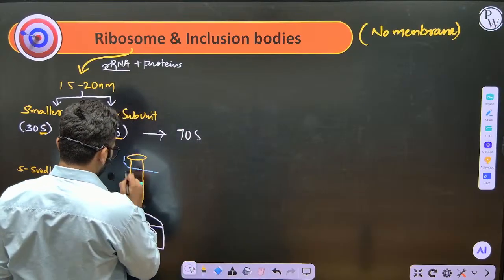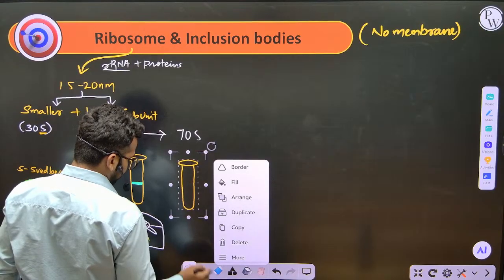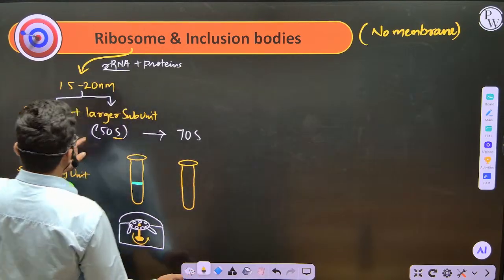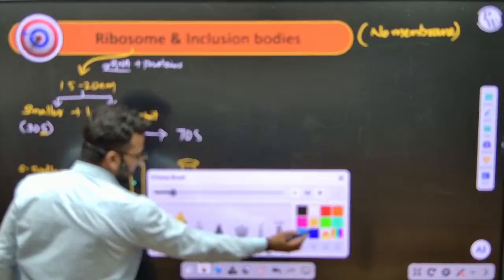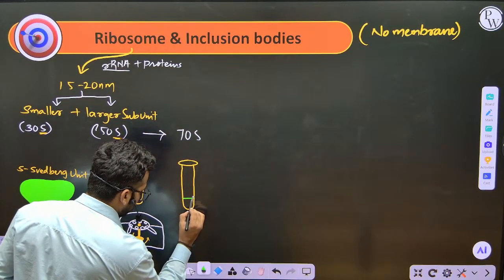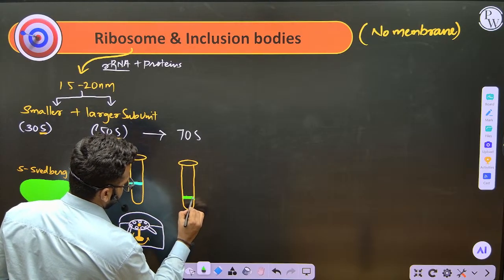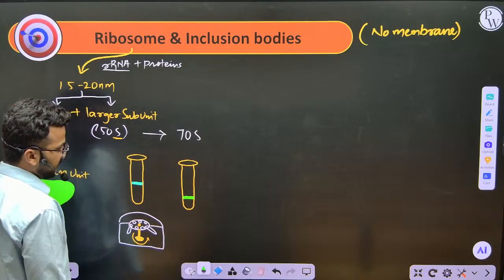Let me draw that. So the larger subunit shows 50S there.